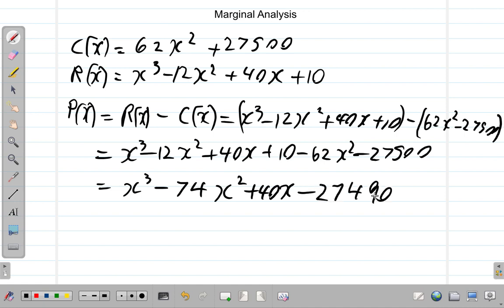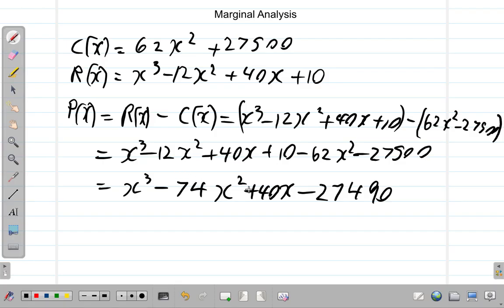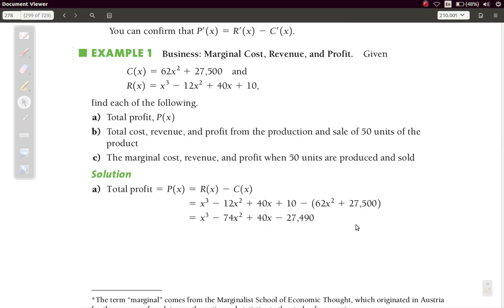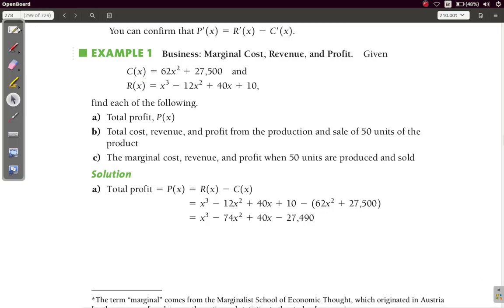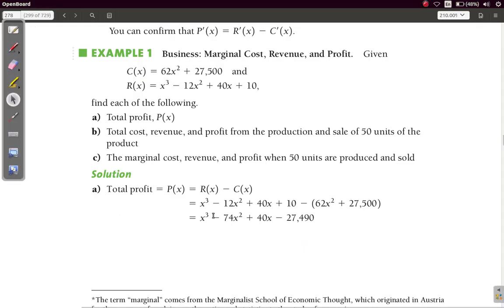Alright, so that's the profit function. You have x cubed minus 74x squared plus 40x minus 27,490. So that's the total profit.